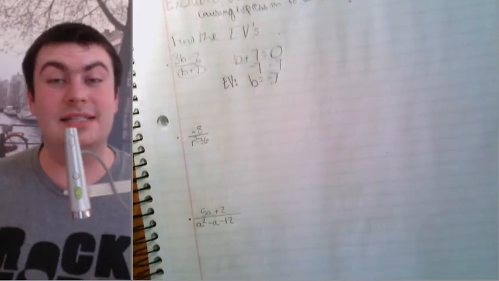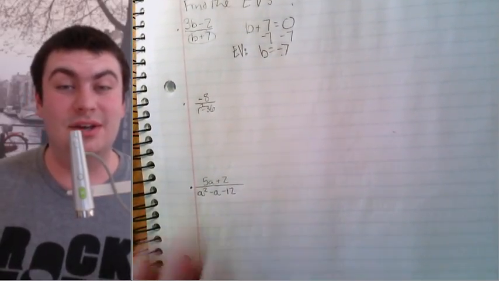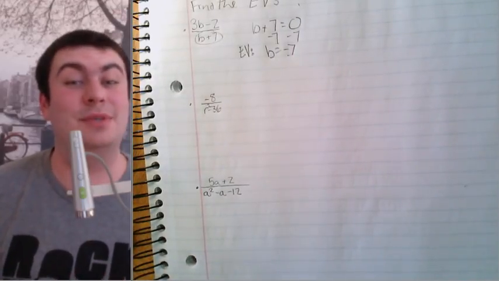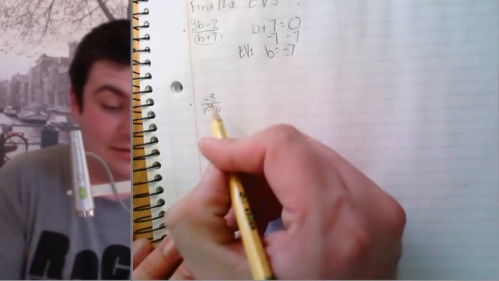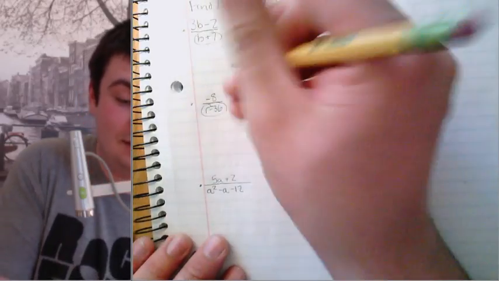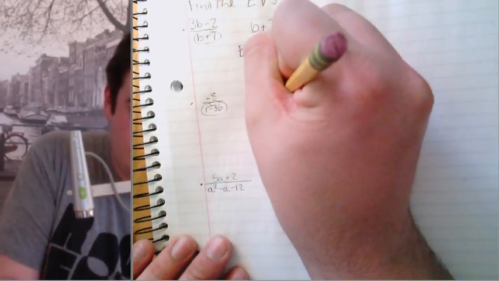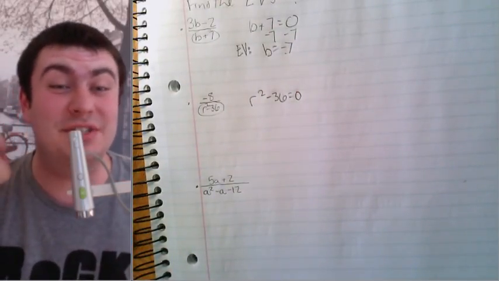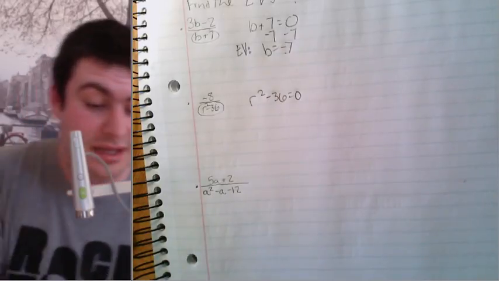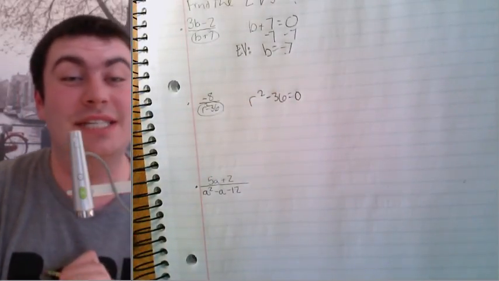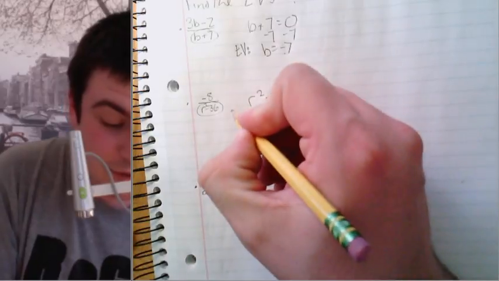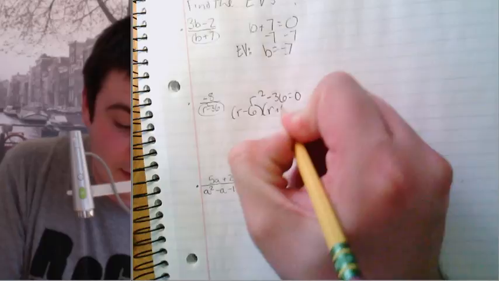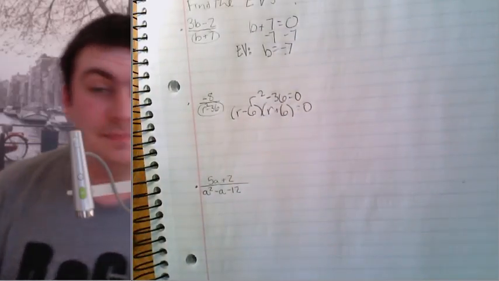Now, looking at this next example, -8 over r squared minus 36. Well, we need to find what happens when the denominator is equal to 0. So r squared minus 36 equals 0. Now, we're going to be using factoring to solve these. So, r squared minus 36 we see as a difference of squares, which remember from our factoring we go r minus 6, r plus 6 equals 0.